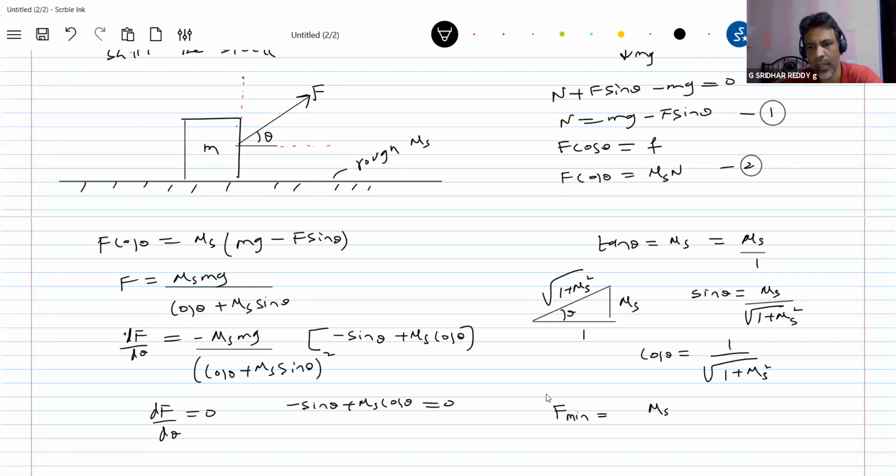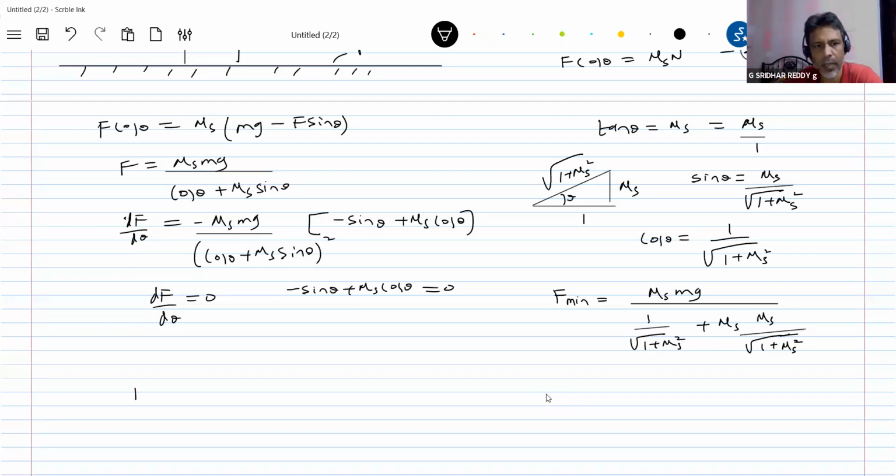So mu s mg, and this will be cos theta, 1 by root of 1 plus mu s square, plus mu s sine theta, mu s by root of 1 plus mu s square.